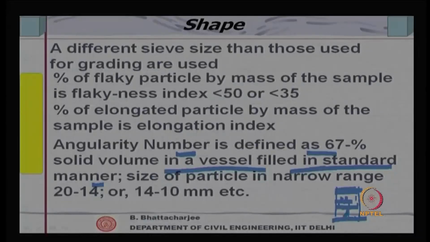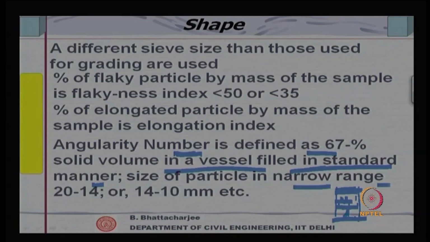It is expected that rounded aggregates will give you a packing quality of 67 when you choose specific sizes. These sizes are specified in the code, and when you use a specific size and pack it in a standard manner, you find out the volume of solid after packing, and 67 minus that volume will give you the angularity number.